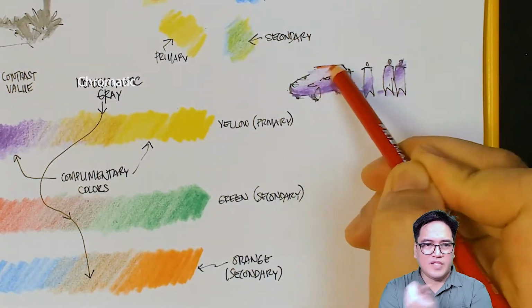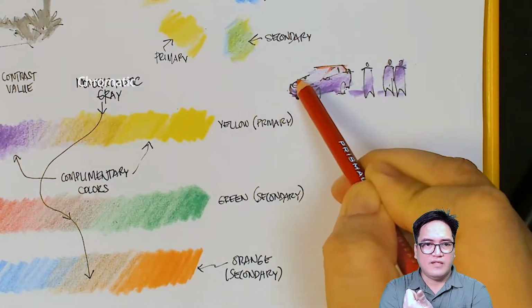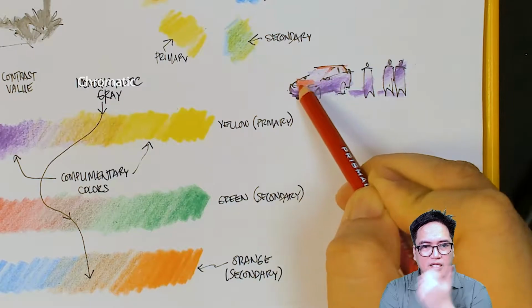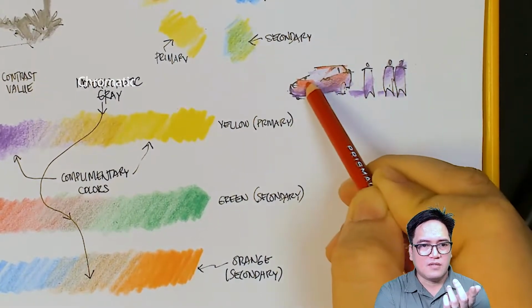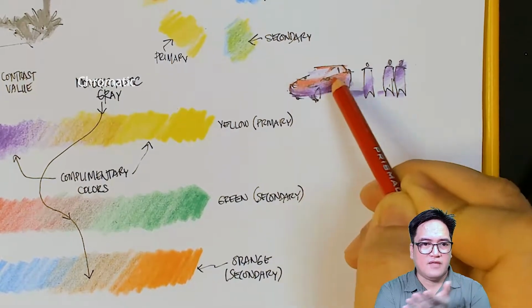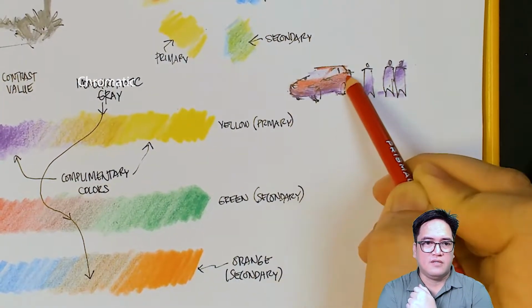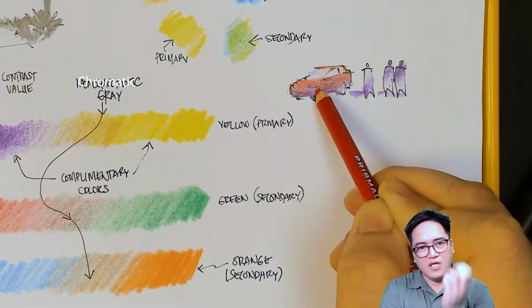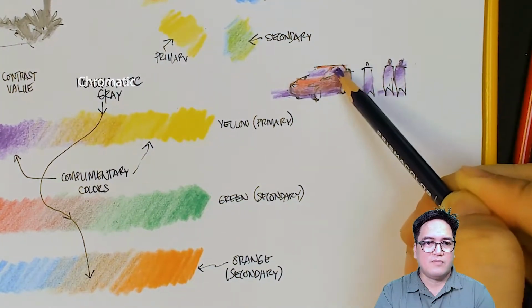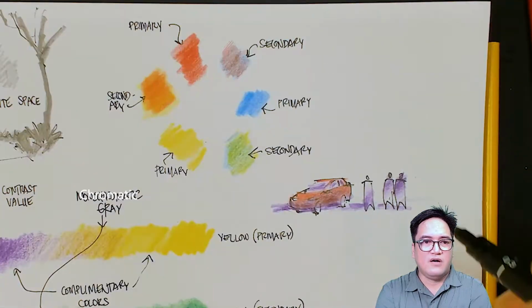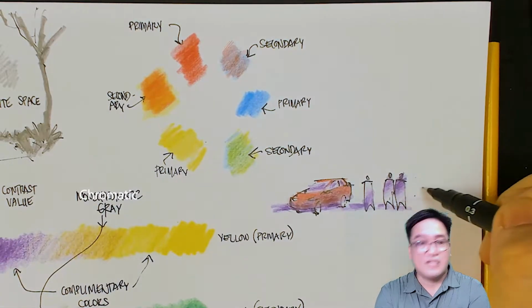But if I want this to be a red car, for example, it's only towards the end that I blend in the red color. This gives you a cue of the three-dimensionality of the car, and at the same time gives me the idea that it is a red car.